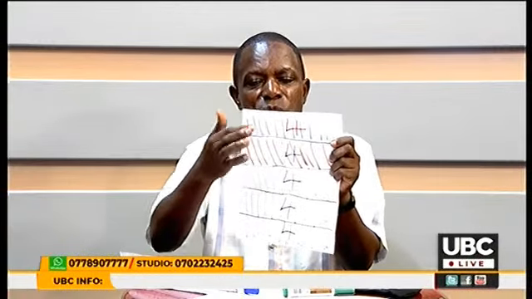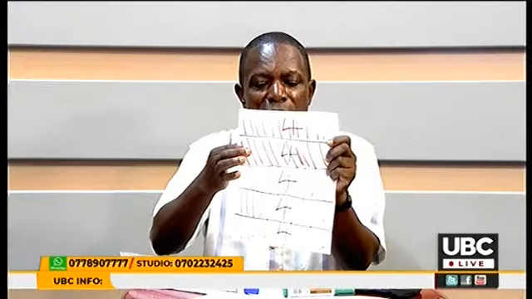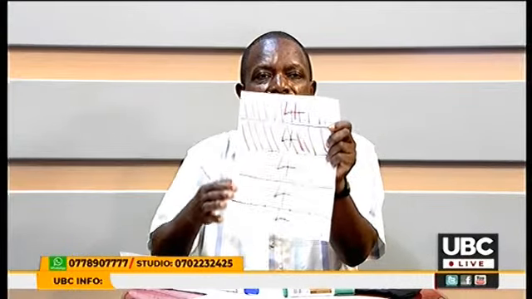We have 1 part, 2 parts, 3 parts, 4 parts, and 5 parts. And mind you, each part is equal to 4. So what are we going to do? We are going to multiply 4 by 5 to get the total number of mangoes in the basket. Let's now go back to the question.